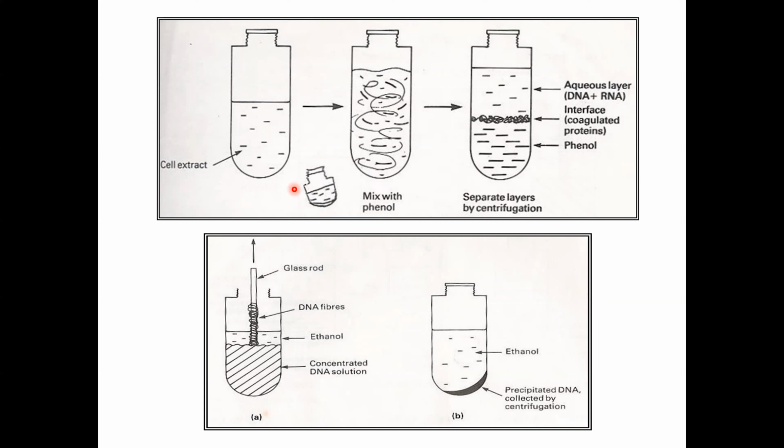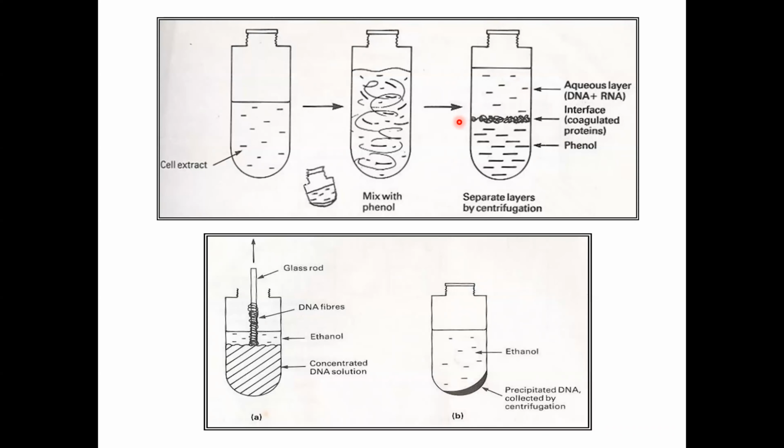Once you mix it, you need to use a centrifuge for about 10 minutes to separate the aqueous layer from the coagulated proteins and your reagents. At the top is your aqueous layer, which contains your DNA and your RNA.